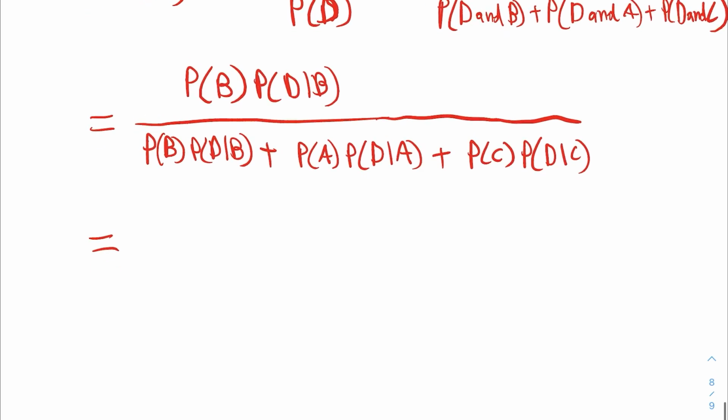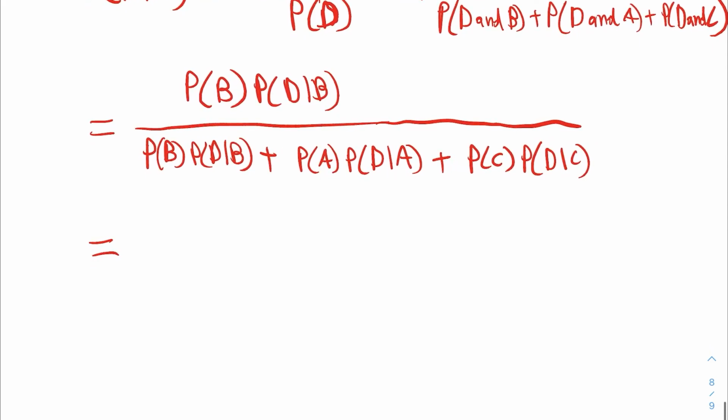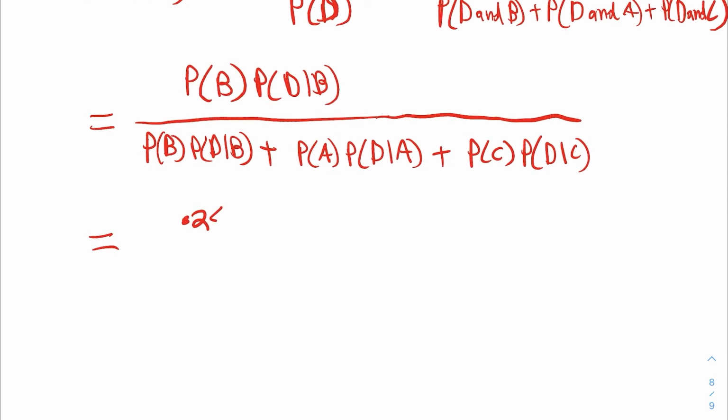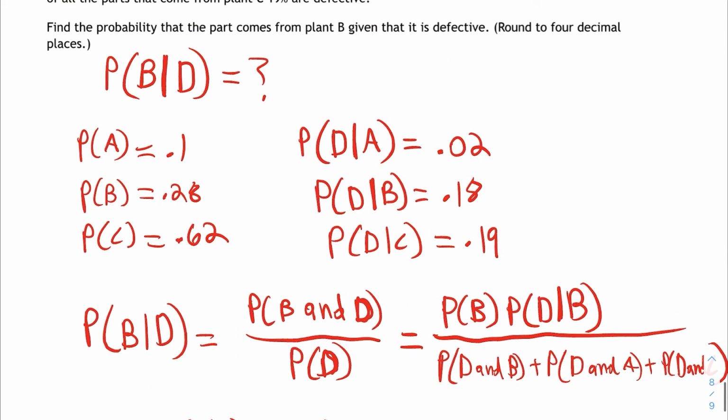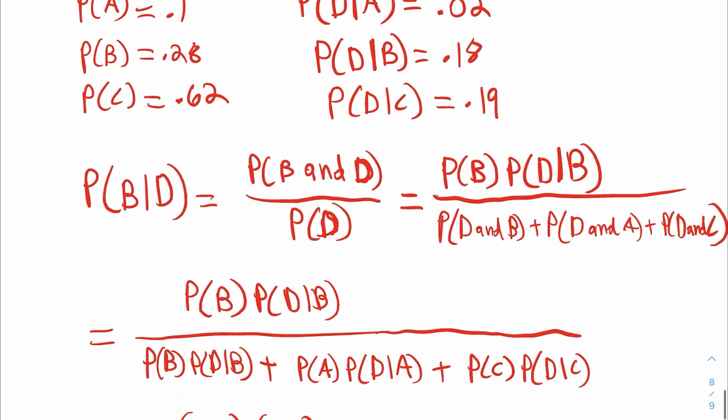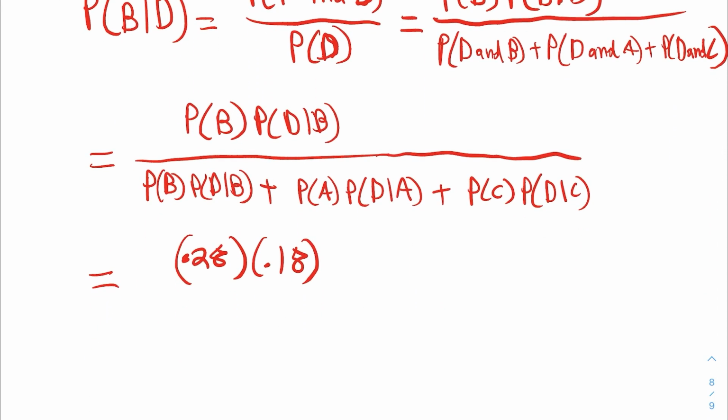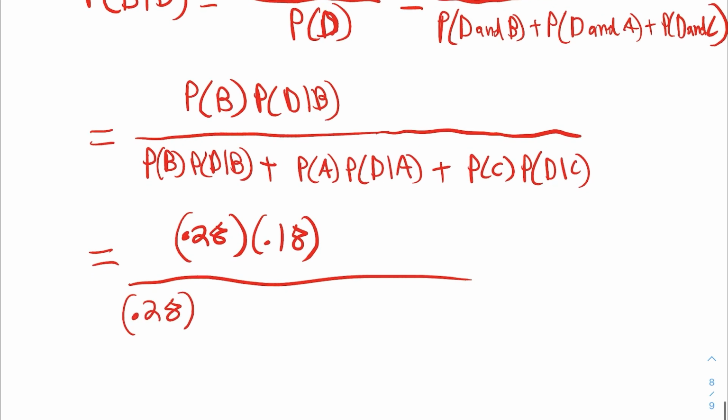Let's see what we have here. The probability of B was 0.28, and the probability of D given B was 0.18. Those were both given. In the denominator, that term also occurs, 0.28 times 0.18.